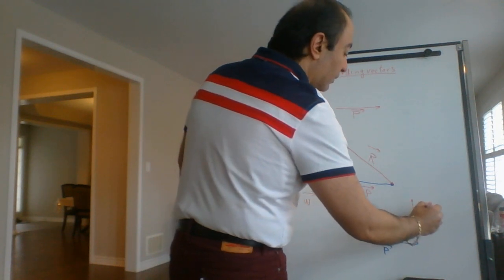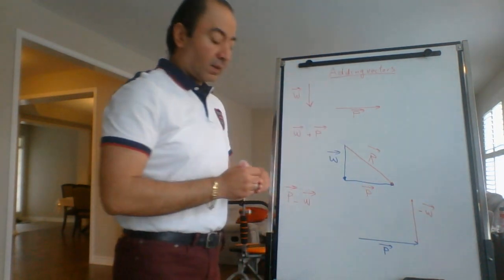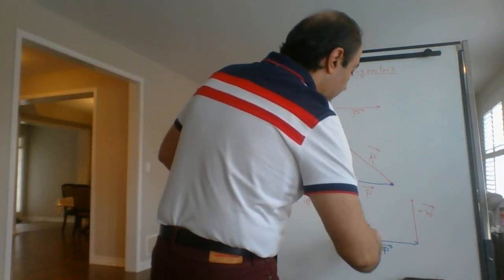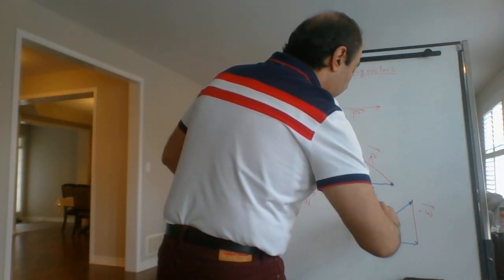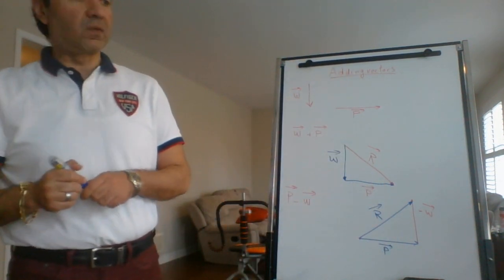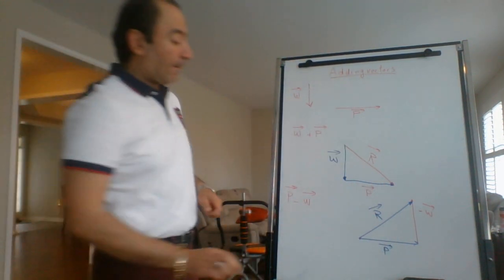So this is vector negative W. Then I connect the tail of the first with the head of the last, and this would be the resultant. This is the sum of these two vectors. Okay.